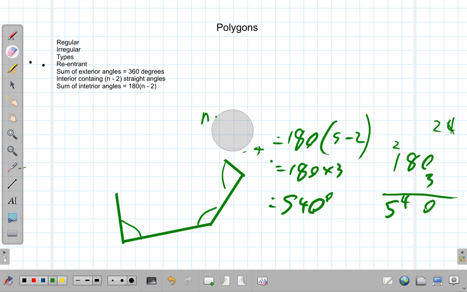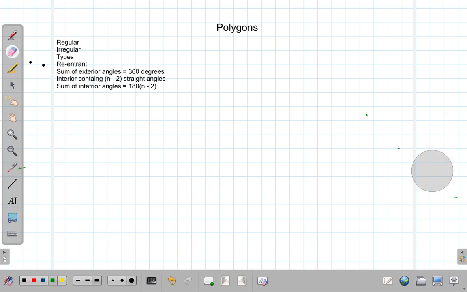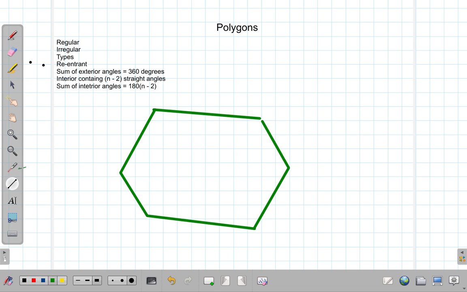Let's try with a 6-sided figure. That's a hexagon. 6 sides: 1, 2, 3, 4, 5, 6. Now, what is the sum of this angle plus this angle plus this angle plus this angle plus this angle plus this angle?